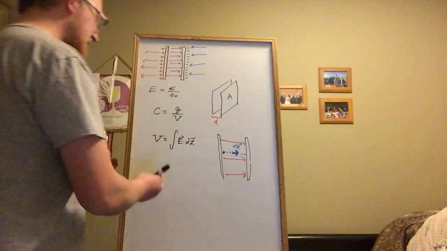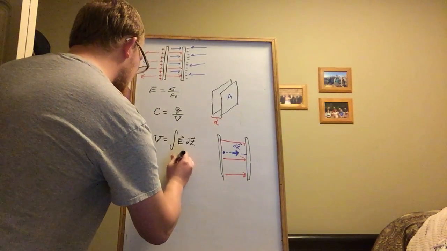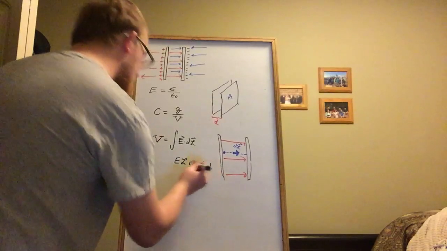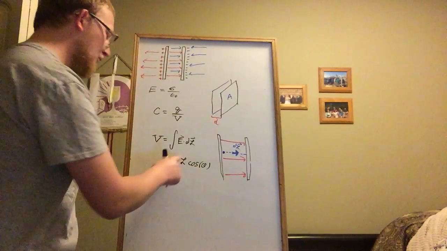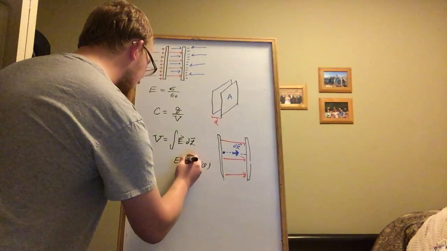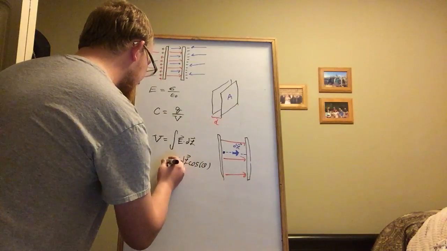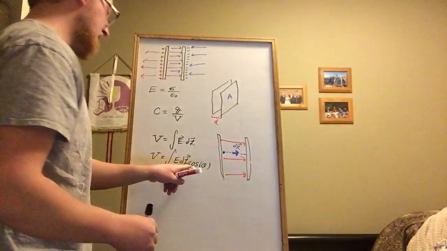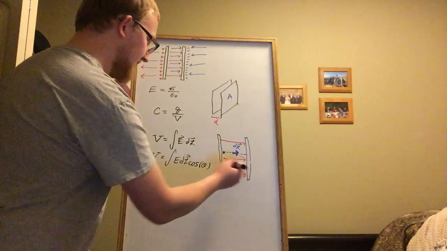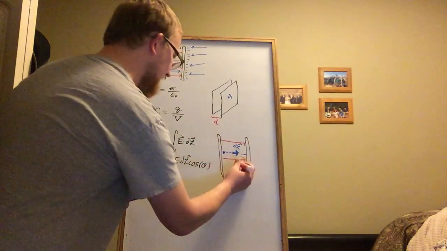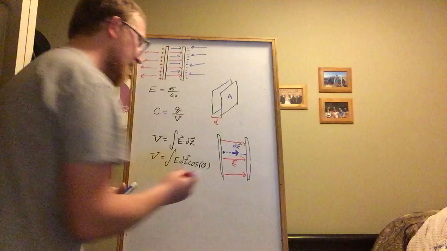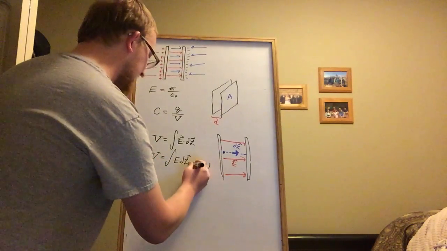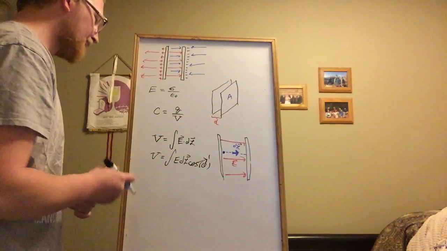Well, we can write E dot dl as E dl cosine theta, which equals voltage. And we know that cosine of 0, because the E field and the dl vector are going to point in the same direction.